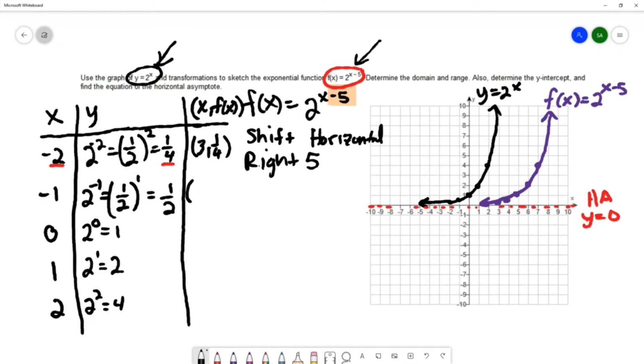This ordered pair, negative 1, 1/2, so we've already done this using the picture. I'm just using the ordered pair now. If we shift to the right 5, it's only affecting the x-coordinate. So I'm going to add 5 to the x-coordinate to get 4, 1/2.